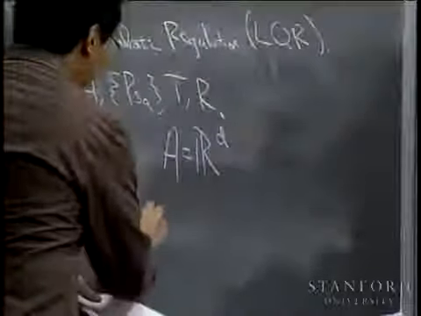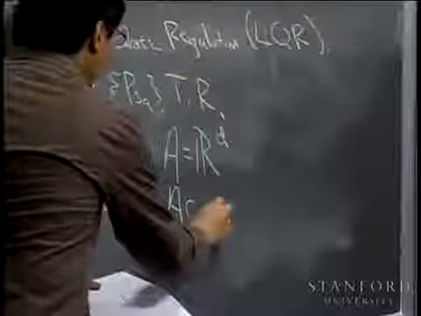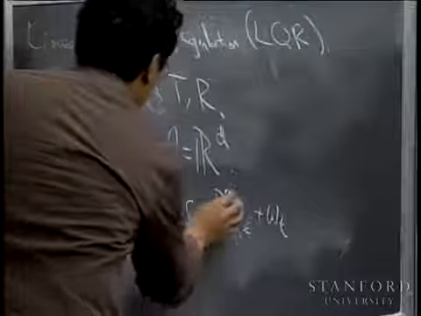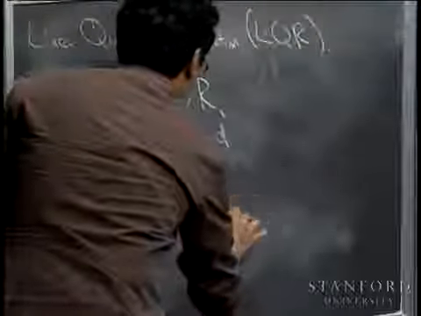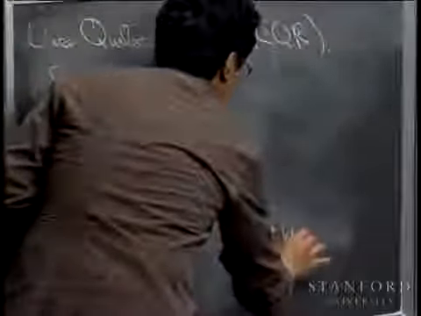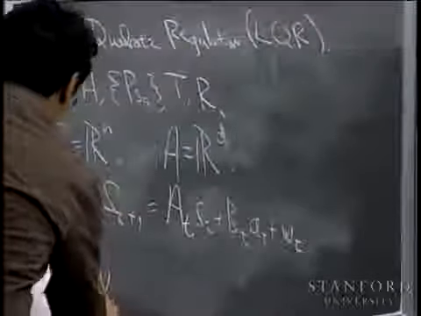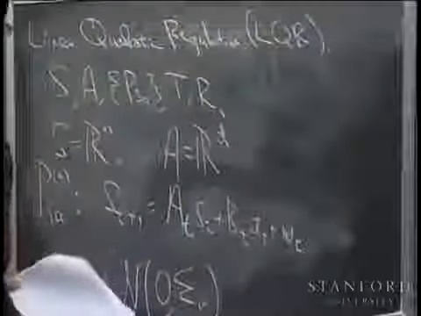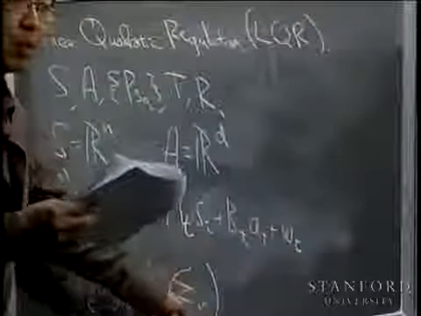We saw a little bit of this in the last lecture, but I'm going to assume that the next state, s_{t+1}, is a linear function of the previous state: A_t s_t plus B_t a_t plus w_t, where w_t is Gaussian noise with mean 0 and some covariance given by sigma_W.